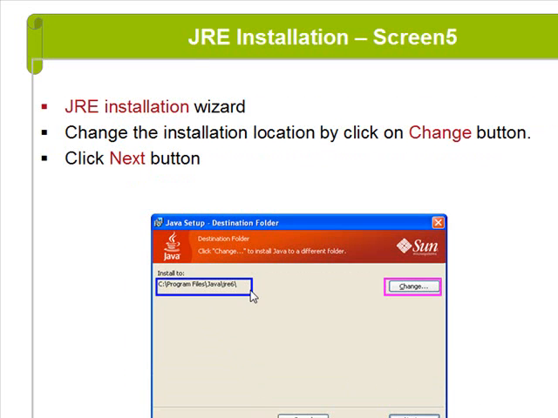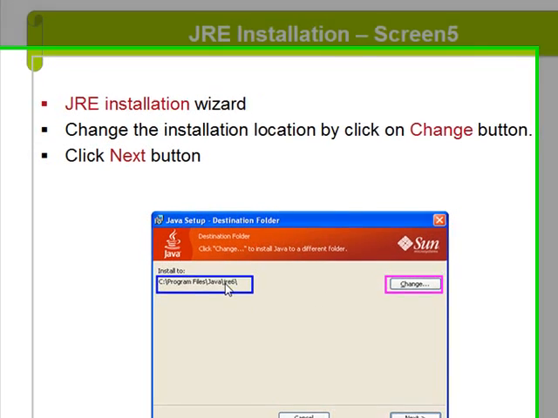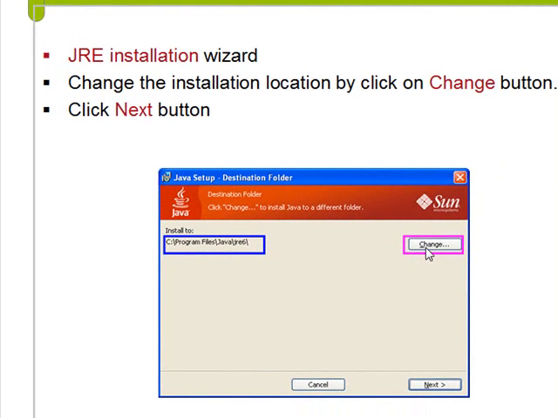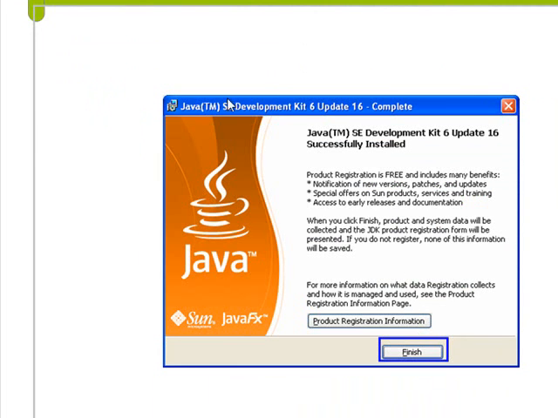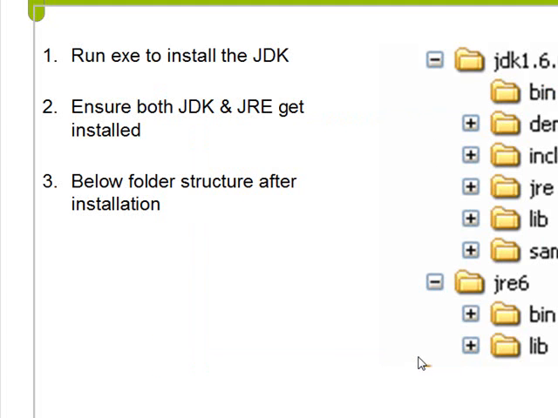Now it is done. Next it is asking to install the JRE, Java Runtime Environment software, and again you can go ahead with the default location or click on change to change it. Then click on the next button, and it shows the progress of installation. Finally the installation was successfully completed. You can click on this finish button.